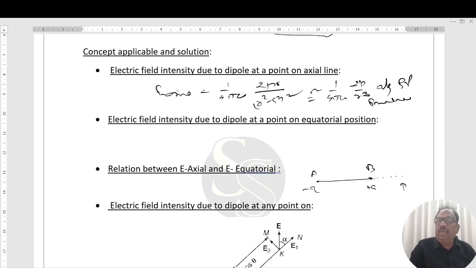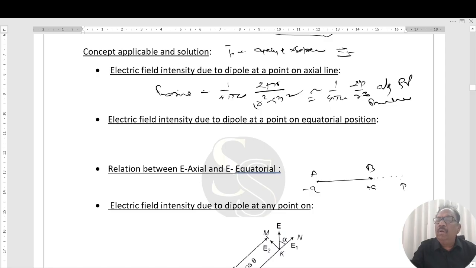That is the same as the direction of the dipole. What is the dipole? Dipole is P equal to charge into separation, and direction is from negative to positive, right? It is the same in the direction of dipole.